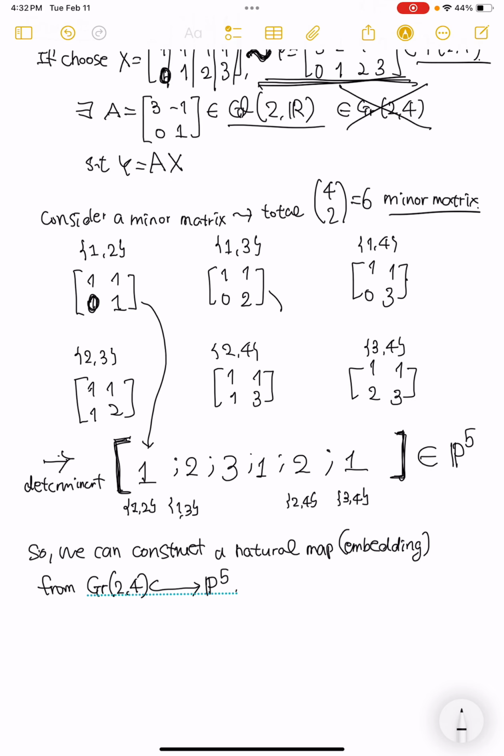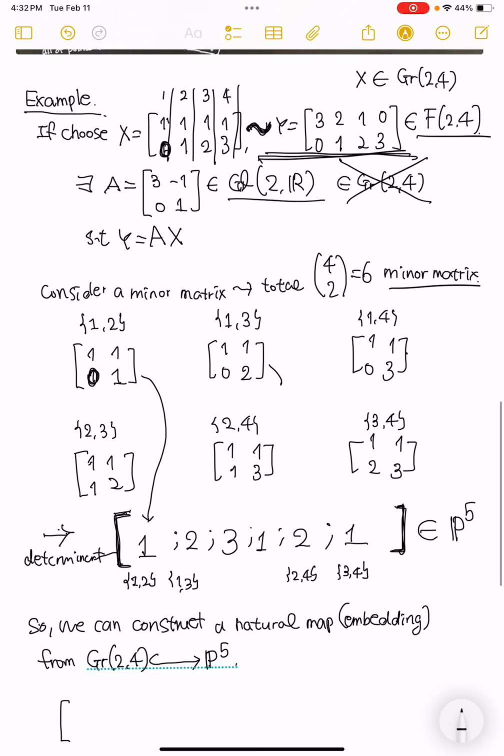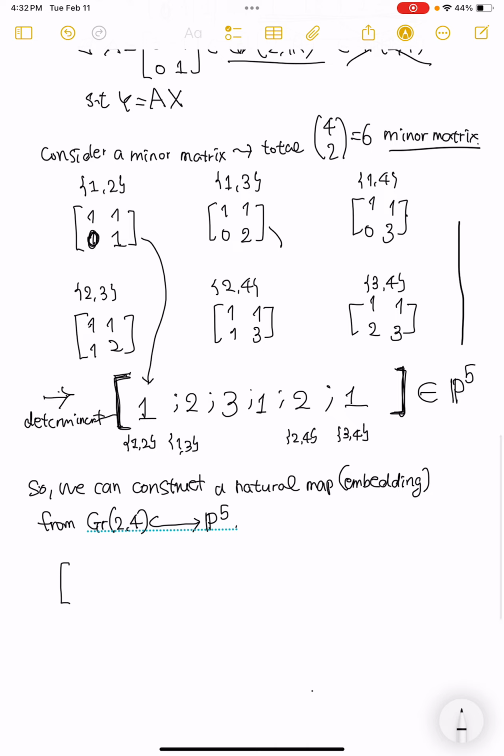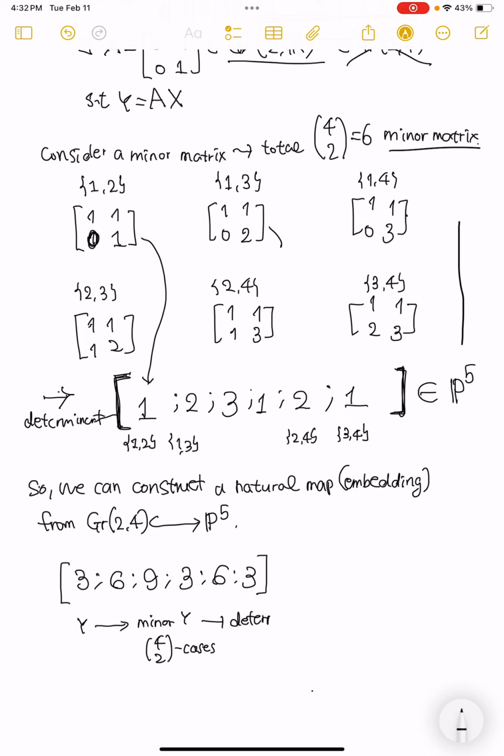If we compute Y in the same process, we can obtain 3, 6, 9, 3, 6, 3. That is the Y matrix. Find the minors of Y, 6 cases, and the determinant of each minor matrix.